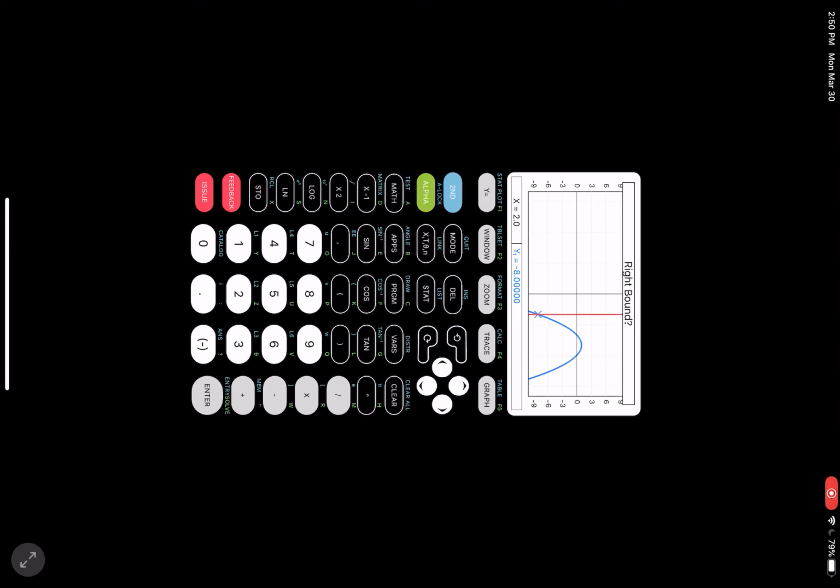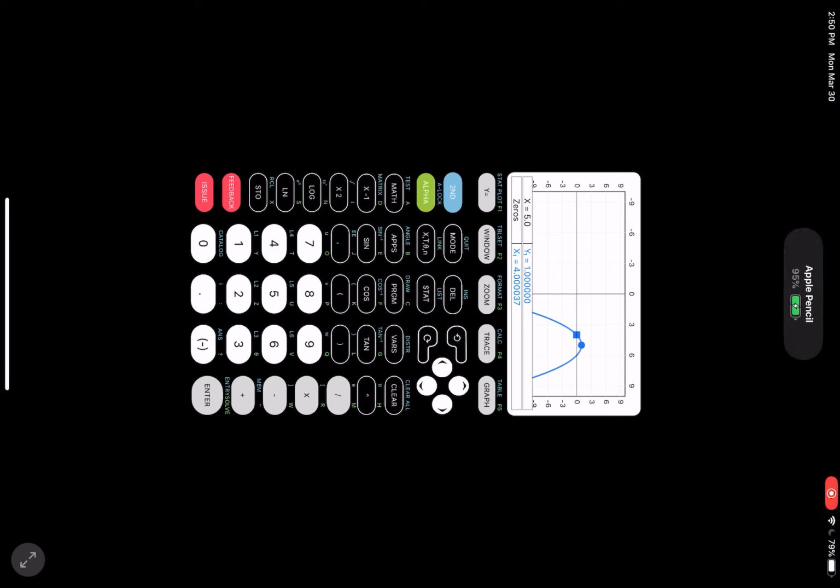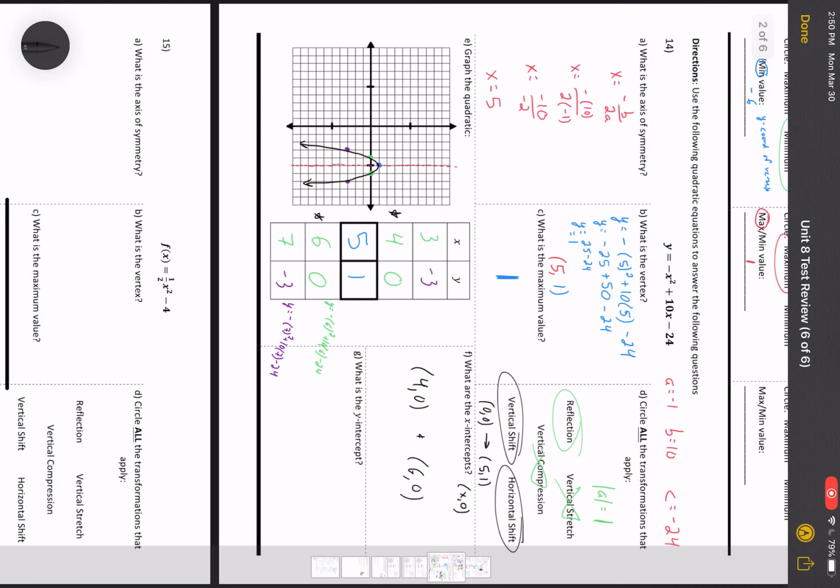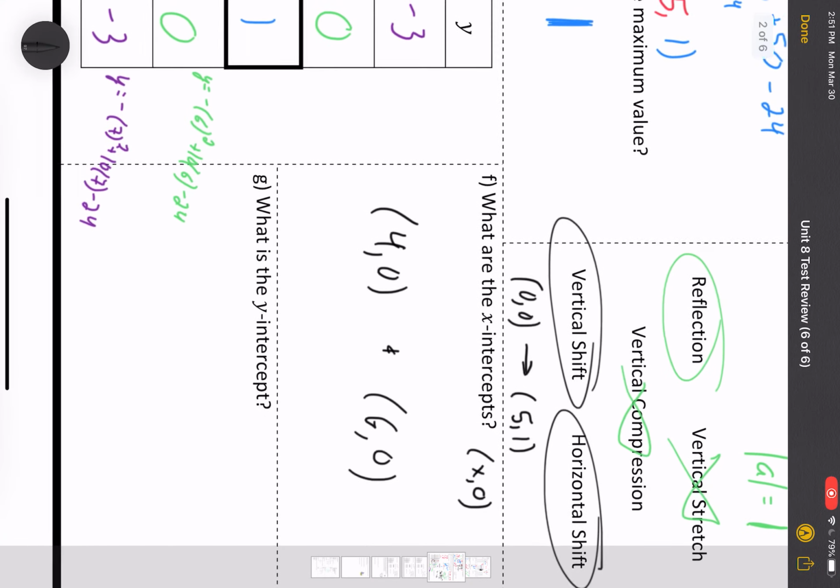See that line forms. Right bound, I'm going to go to the right of that x-intercept. And on this app, I don't have to guess, okay? But you'll see that the zero, that x1, says 4.000037. That's going to be close enough to 4, which is what we got for our x-intercept.